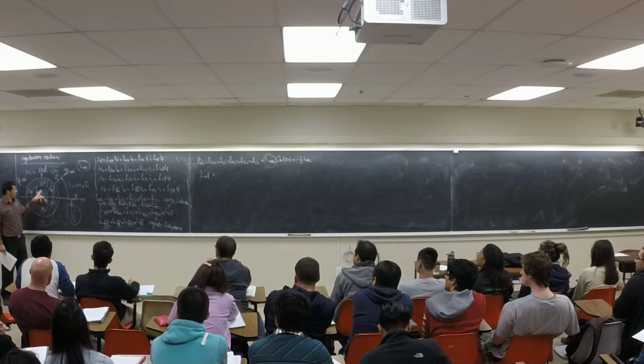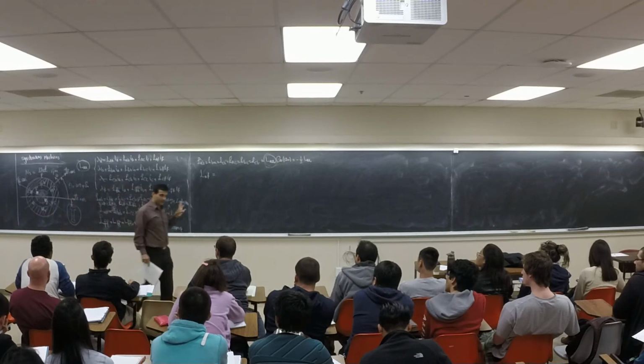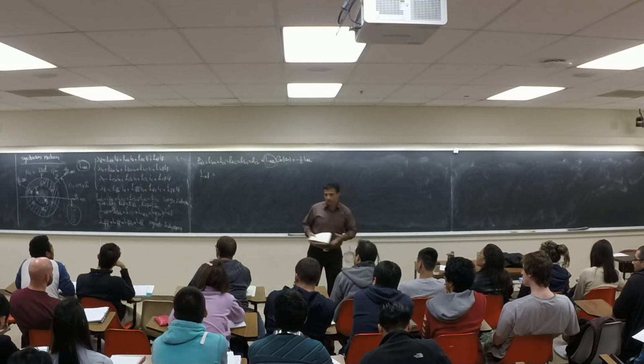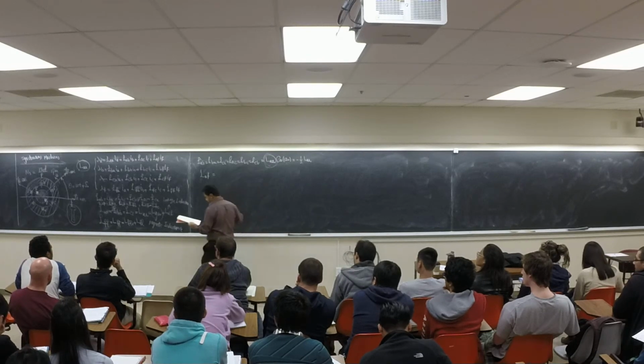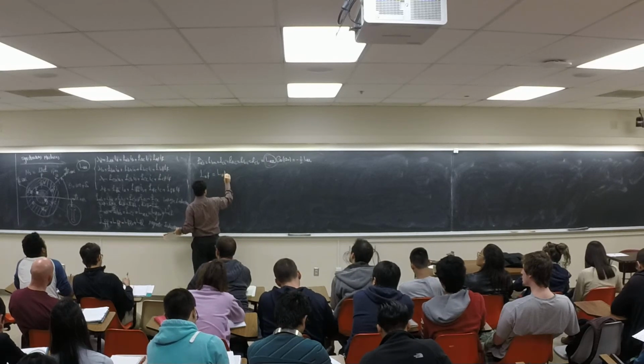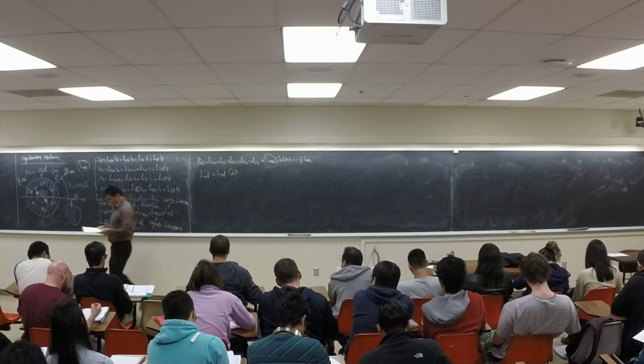If I go here, it is different. So what does it mean? It's a function of theta. It's not a constant number. It's going to change based on where theta is. So it's going to be LAF times cosine theta.